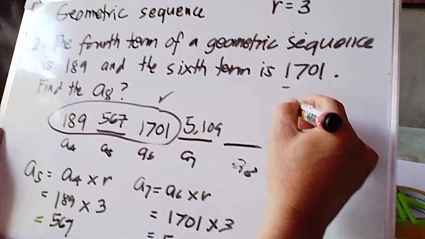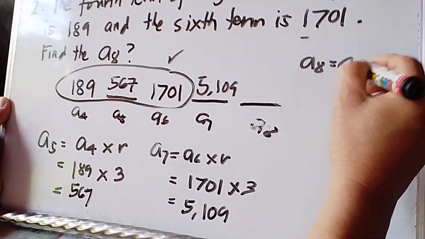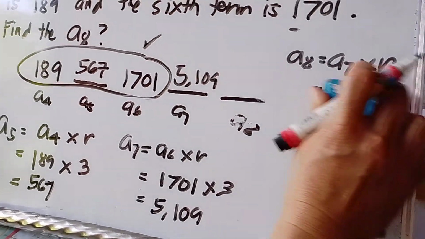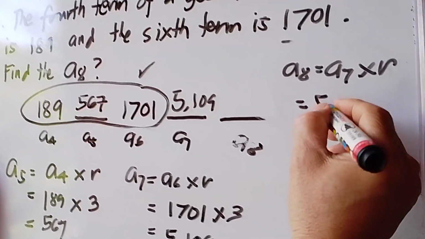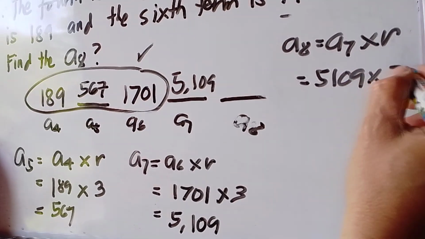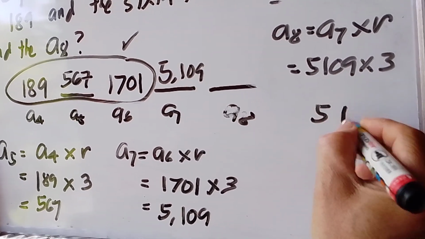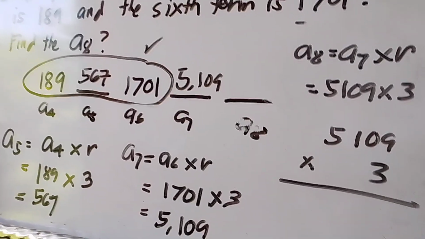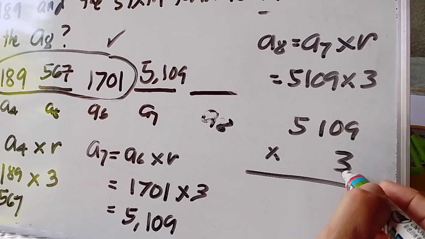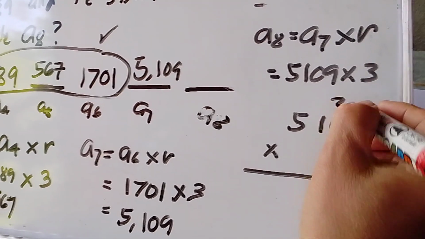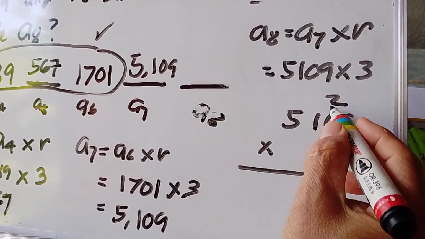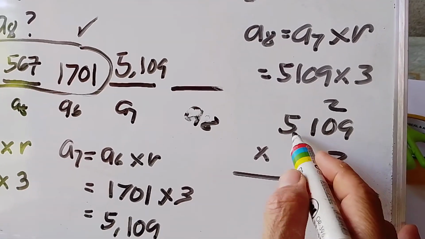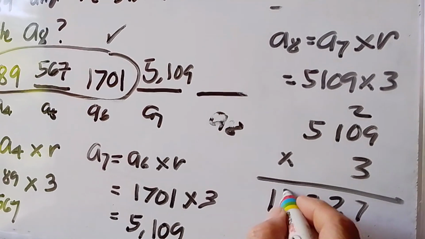Now let us solve the last, which is A sub 8. So A sub 8 is equal to A sub 7 times r. A sub 7 is 5,103 times 3. So 3 times 3 is 9, 0 times 3 is 0, 1 times 3 is 3, and then 5 times 3 is 15.